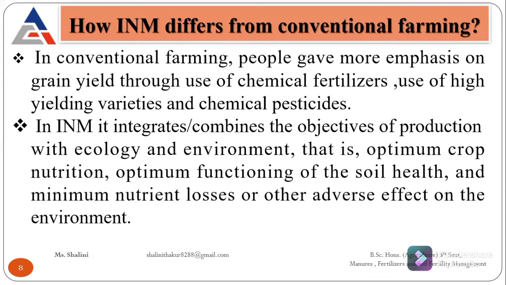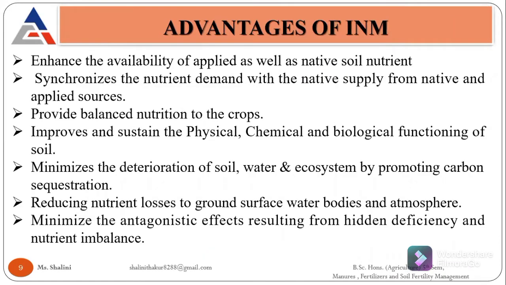That's why INM came, which optimizes crop nutrition and soil health, and also reduces nutrient losses like leaching and volatilization. That is the main difference of INM from conventional farming.